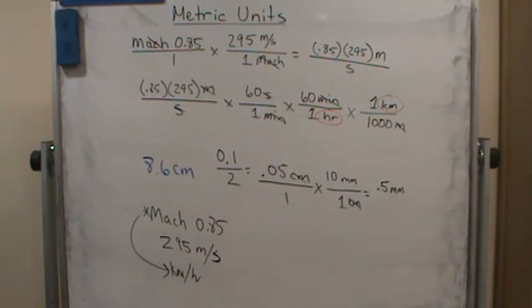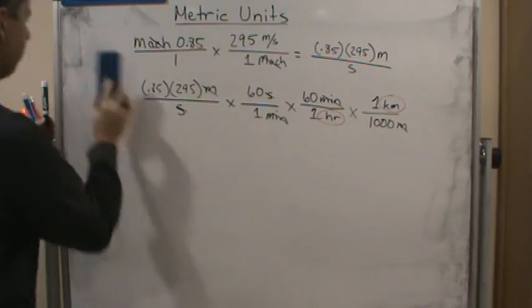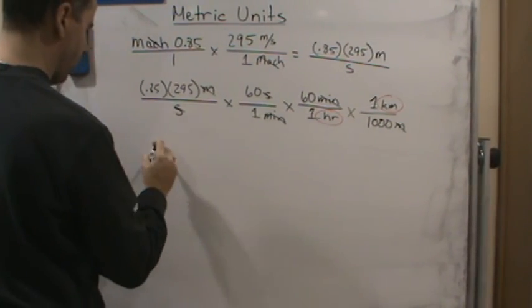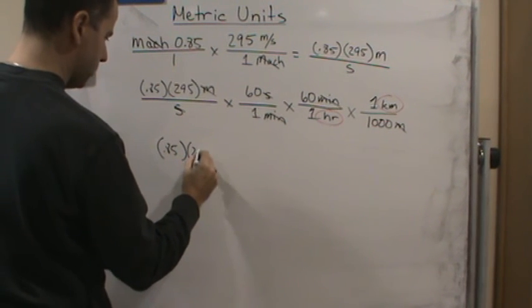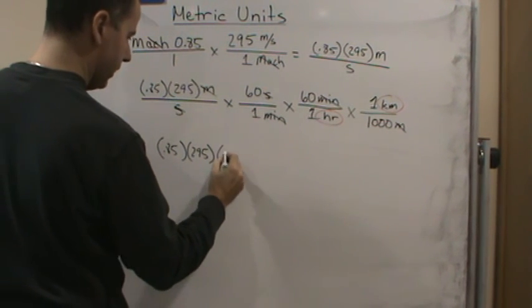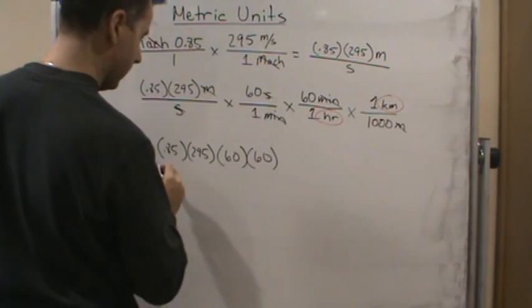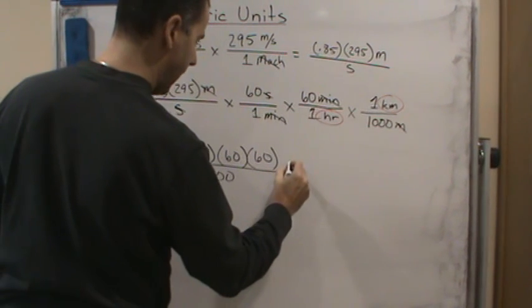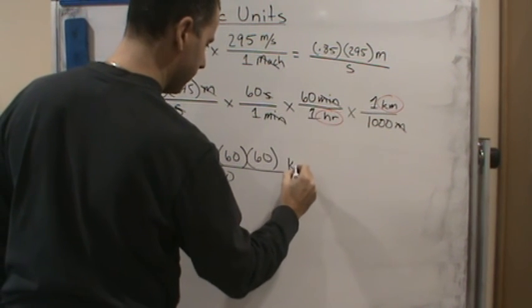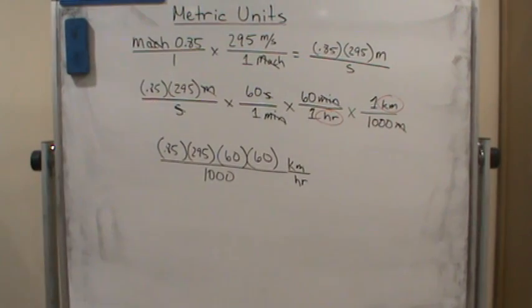And now all we have to do is multiply across the top and the bottom, and we're done. So our final answer is going to be 0.85 times 295 times 60 times 60 divided by 1,000, and it's going to be kilometers per hour. And so what's our final answer?